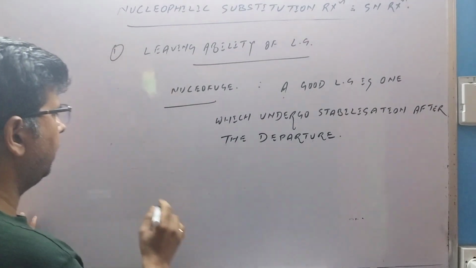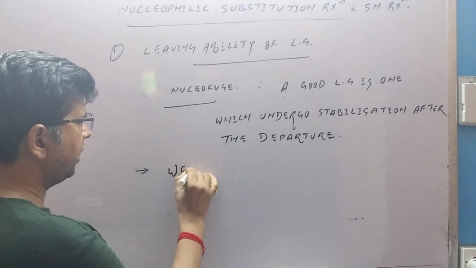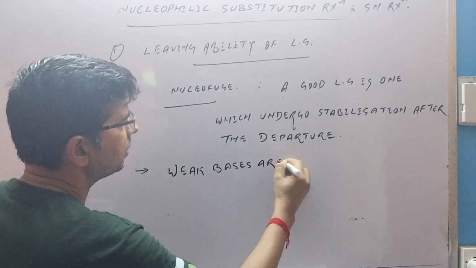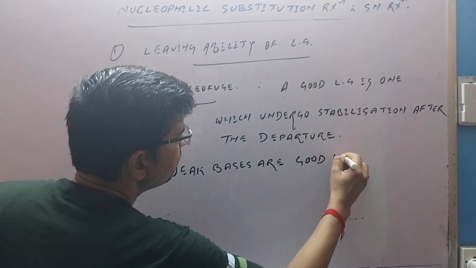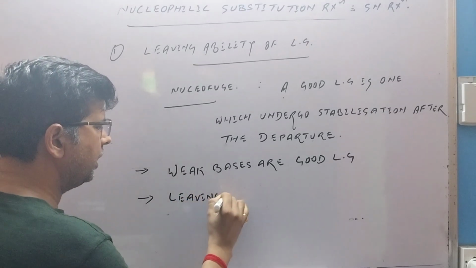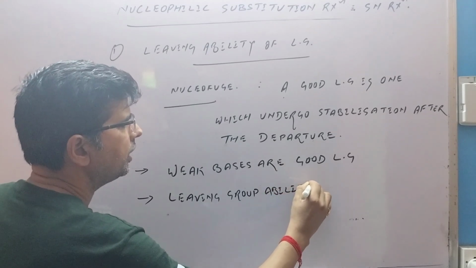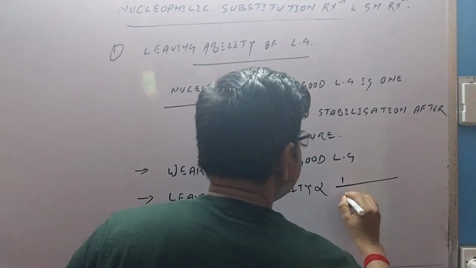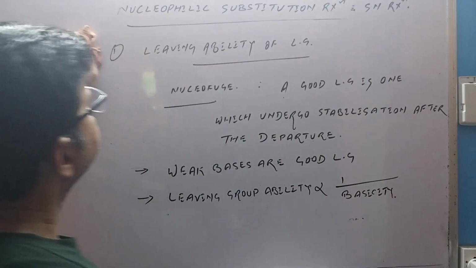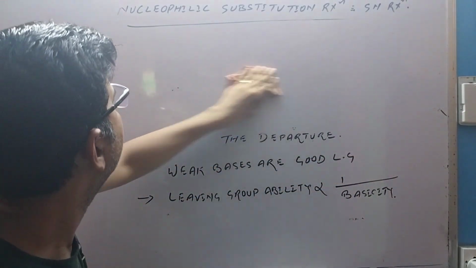See, one more important factor about leaving group: weak bases are good leaving groups. It means leaving group ability is inversely proportional to basicity. Now, we discuss these factors with examples.